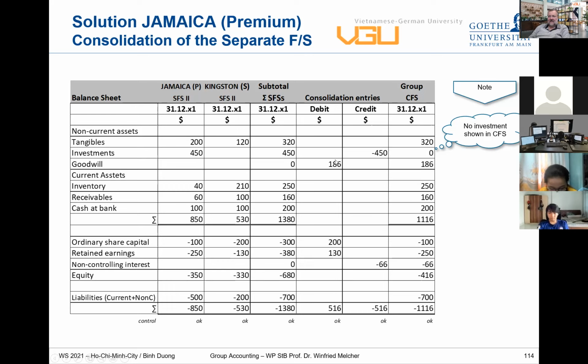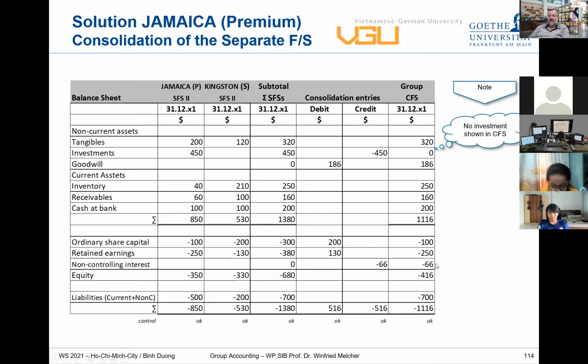And there is still a difference of 66 now when you have made these 4 consolidation entries, and that is the non-controlling interest. We have calculated that to be 66. So we will input that number here.